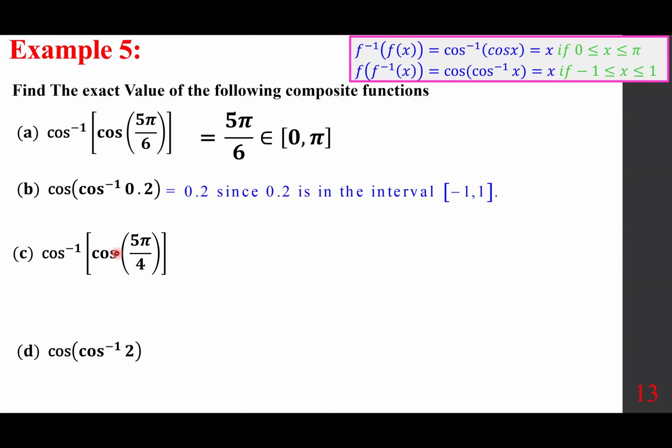Now, think about the reference arc. So it's the same as cosine of pi over 4, but in the third quadrant is negative, okay?